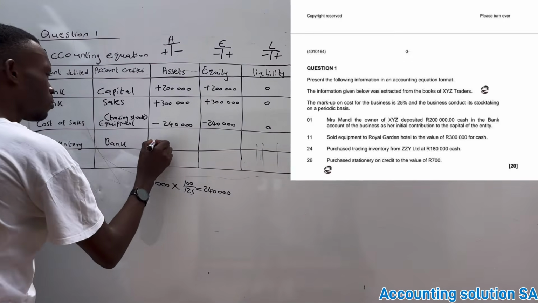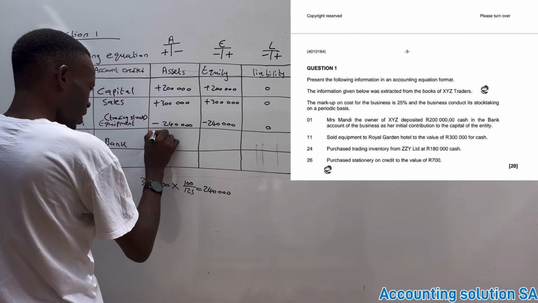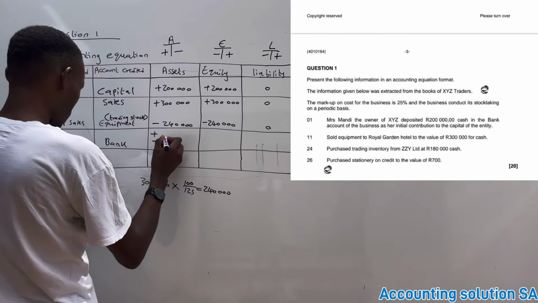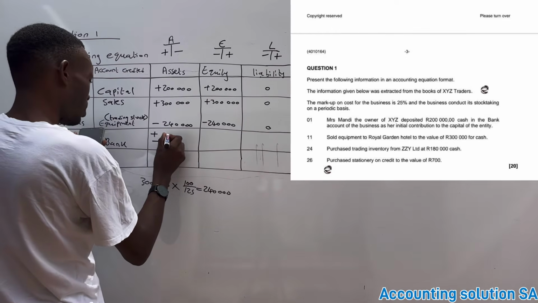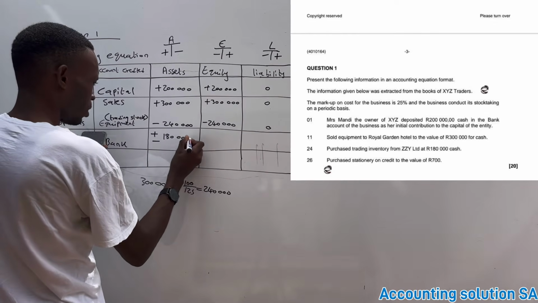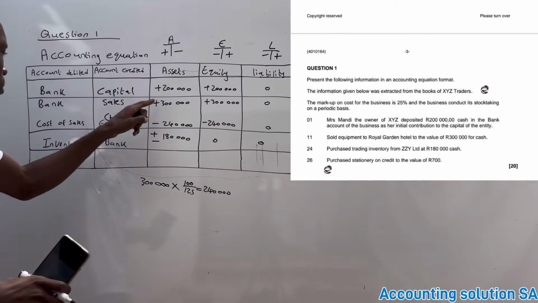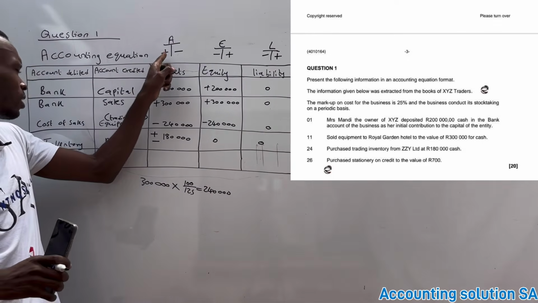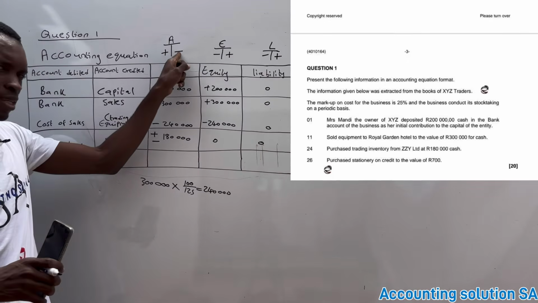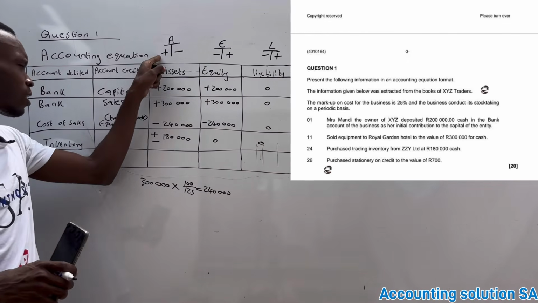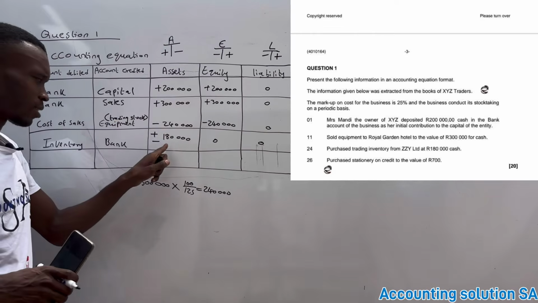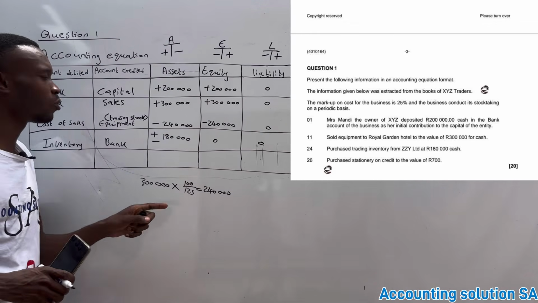Okay, so it's going to be plus and minus 180,000 and change. Why plus and minus on the assets? Because inventory is an asset, bank is an asset. Inventory has increased, bank has decreased. That's why it's minus and plus in the same column.